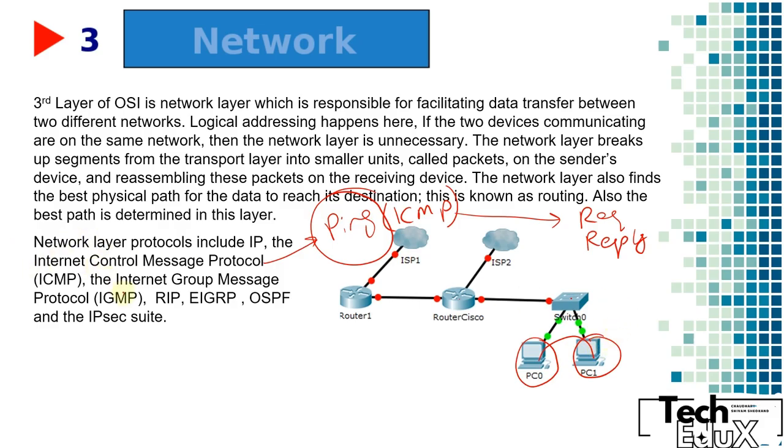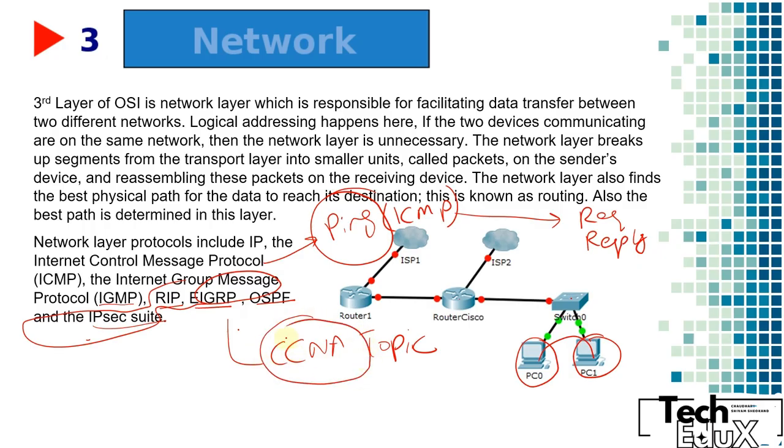Then we have protocols like IGMP, RIP, EIGRP, OSPF, and the IPsec suite. These sections we have covered in the CCNA topic. And my recommendation to you, after you finish this program, these basics, is that CCNA is going to be your destination.